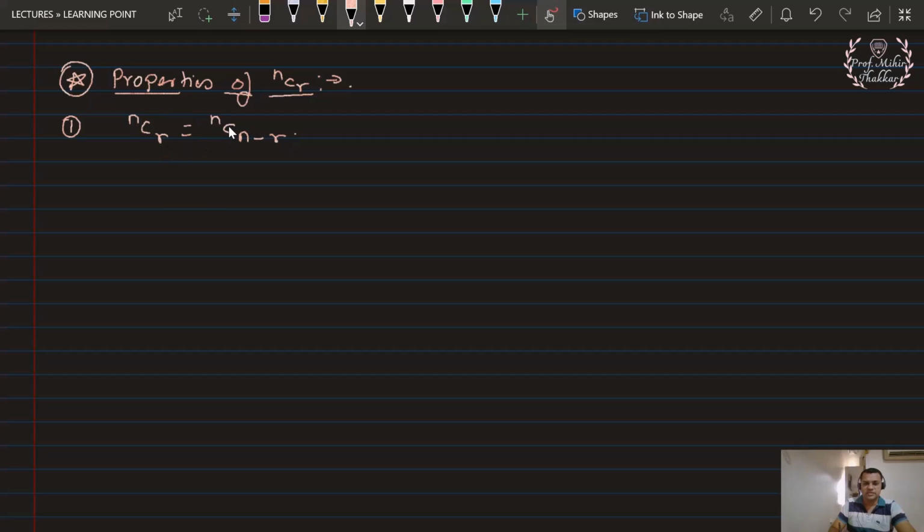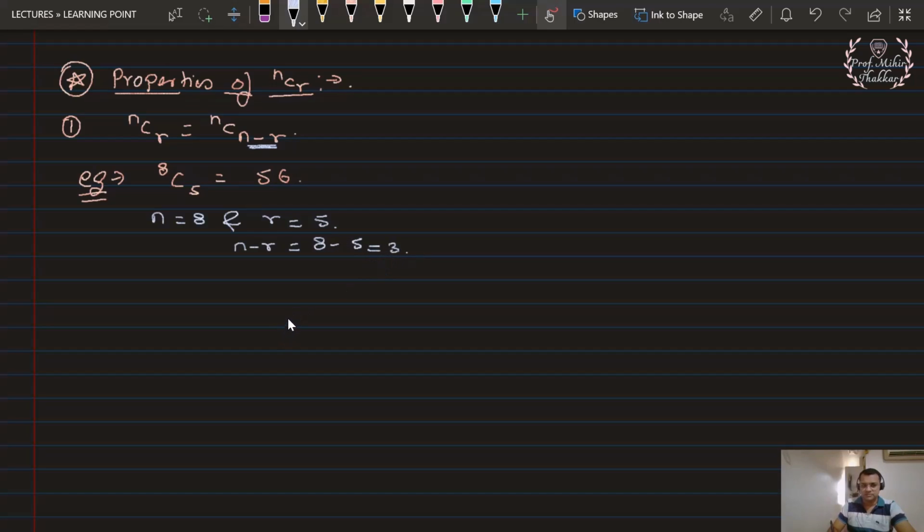Now when we say that nCr is equal to nC n minus r, let me take an example. In the above case, we had seen that 8C5 value was equal to 56. Here n is 8 and r is equal to 5. So if I find the value of n minus r, I will get it as 8 minus 5, which is equal to 3. Let me try to find the value of 8C3.